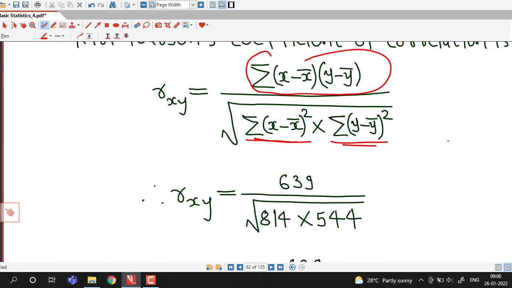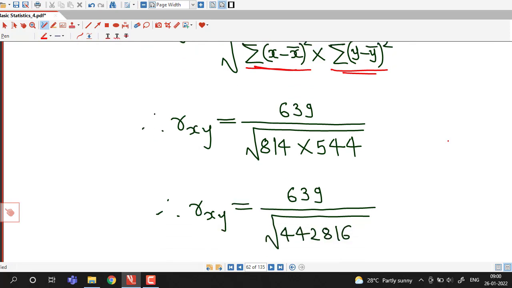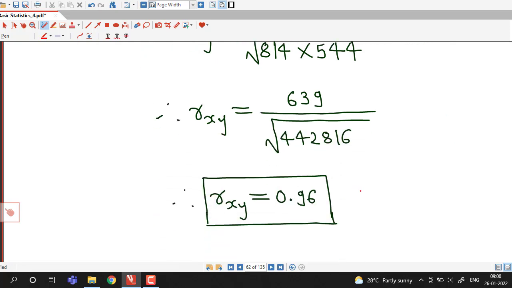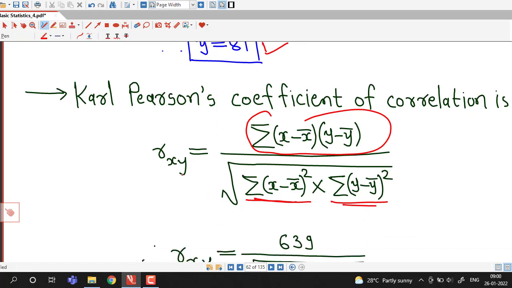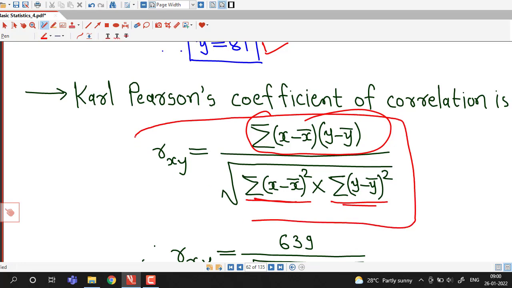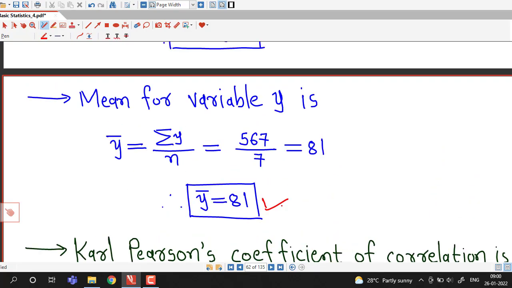So we substitute all these values, and using a scientific calculator we obtain that the coefficient of correlation is 0.96. So it is very easy to compute Karl Pearson's coefficient of correlation. We just have to remember this formula for the correlation coefficient, and we can easily compute Karl Pearson's coefficient of correlation.